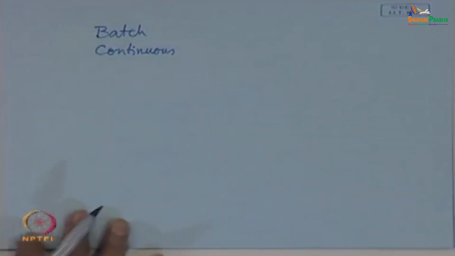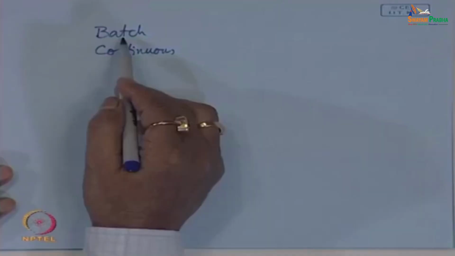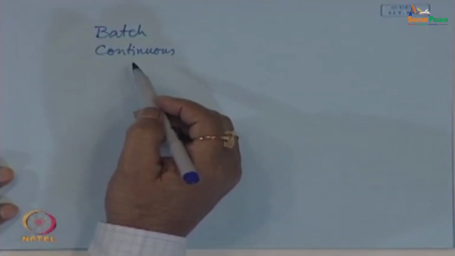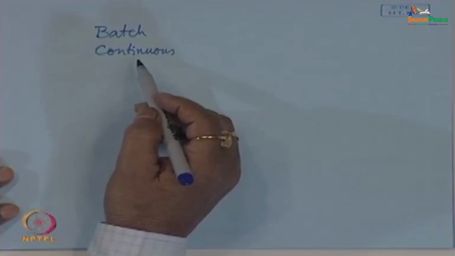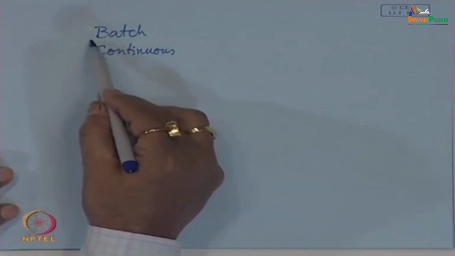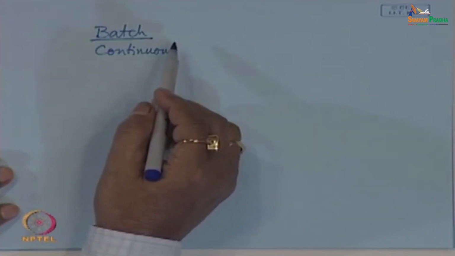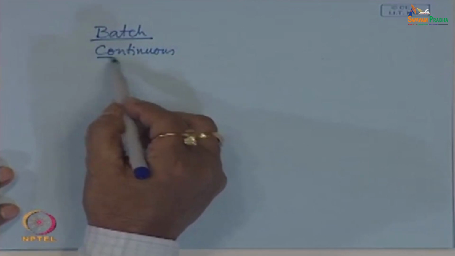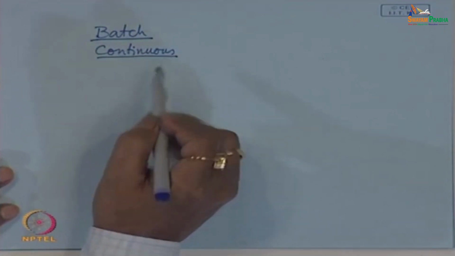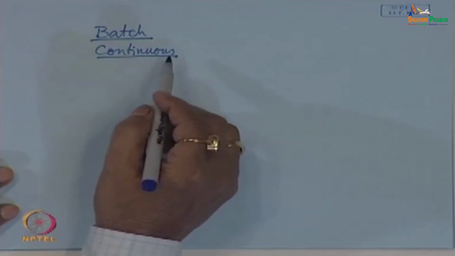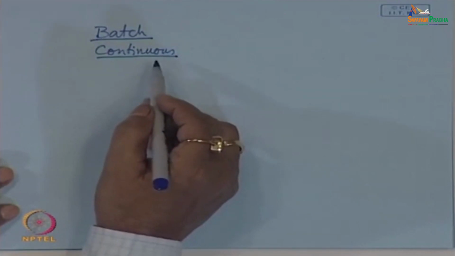There are advantages of both these techniques, again with serious disadvantages too. In a batch process, the productivity is less, whereas in a continuous process the productivity may be high.